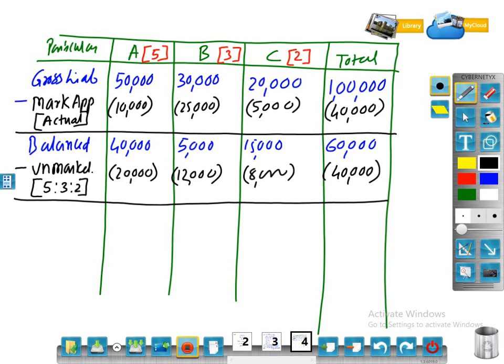Again we have to calculate the balance. Here 20,000, here 7,000, but that 7,000 is what? Negative. And here 7,000.